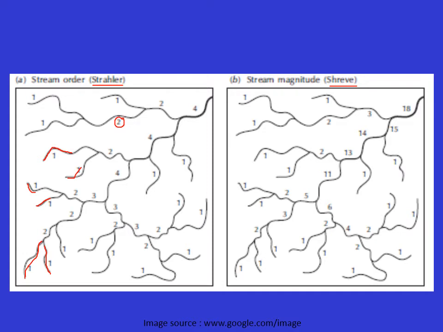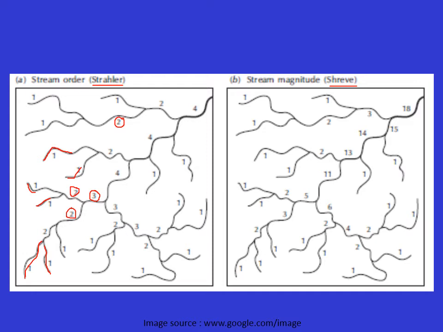When two second order rivers meet with each other, here you can see this is a second order river formed due to the meeting of two first order rivers. Here it is a second order river. When two second order rivers meet with each other, it forms the next higher order, that is a third order river. Right, this way the numbering goes on.